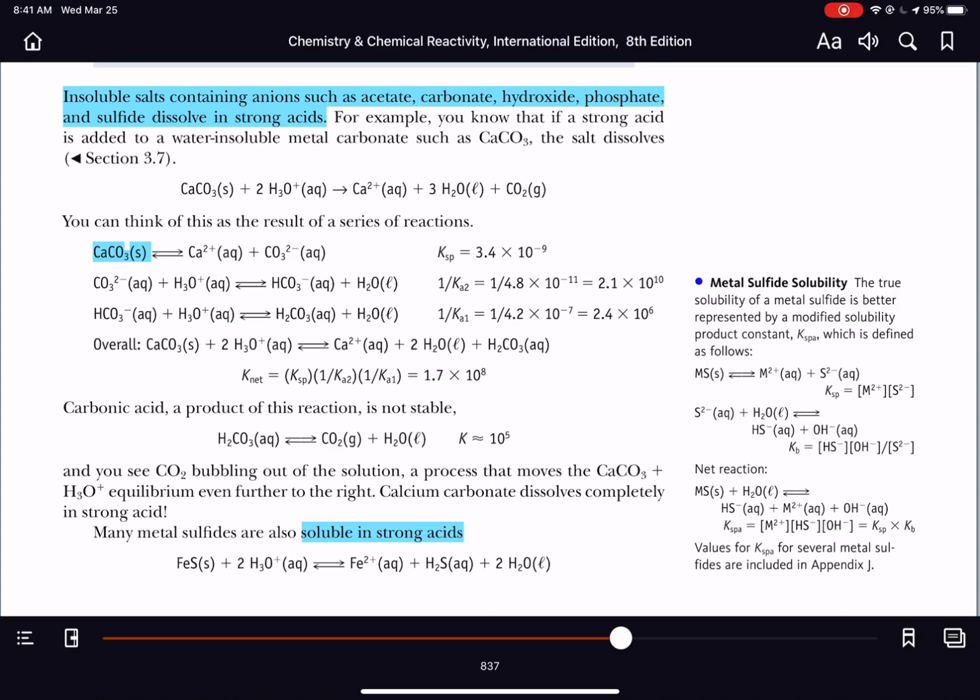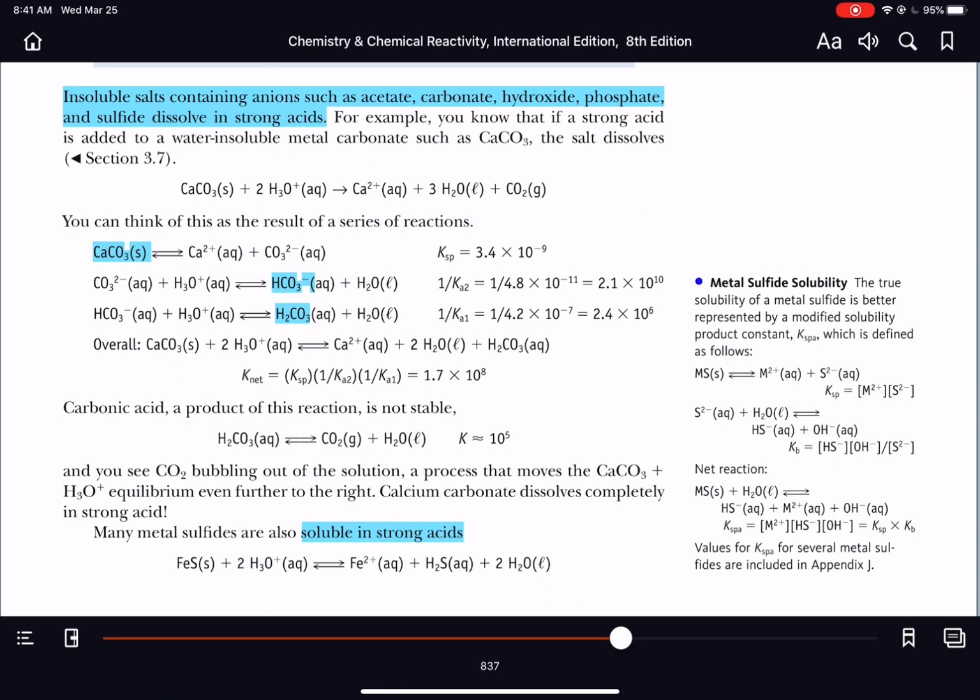However, that carbonate ion, like we said before, will hydrolyze, creating the bicarbonate ion right there. And then that bicarbonate ion in the next step can further hydrolyze to make carbonic acid right here.